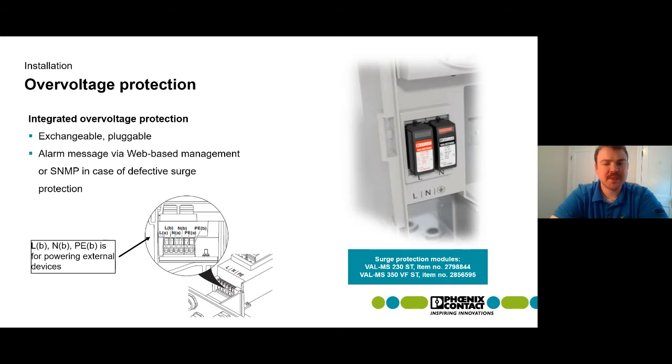A nice feature too is that it's a pass-through surge protection as well. So if there's a light pole above that needs to be powered, this can be run in series, where power can pass through here, power the device, and then power anything downline.